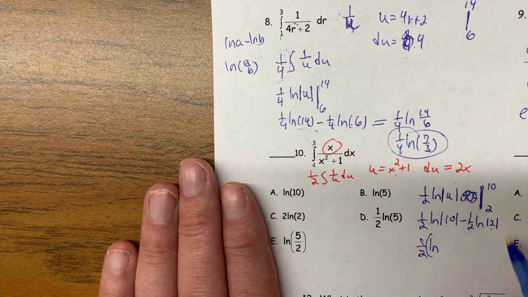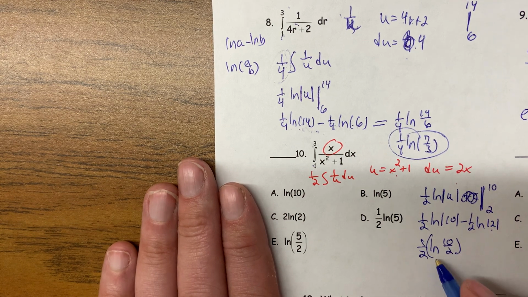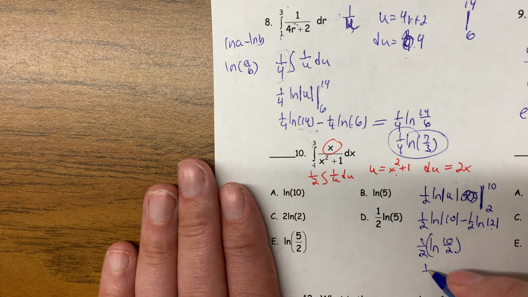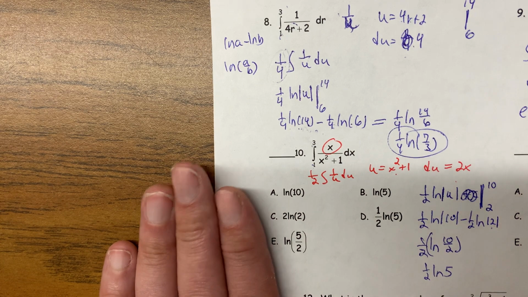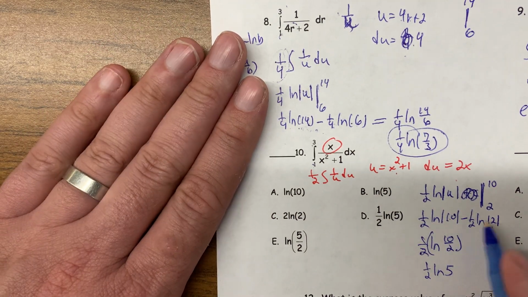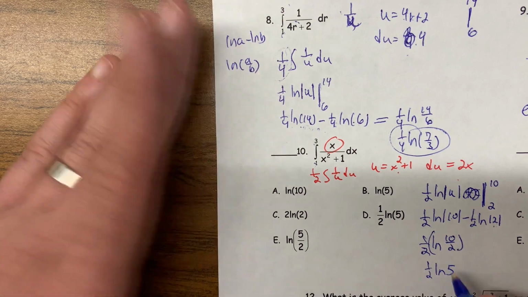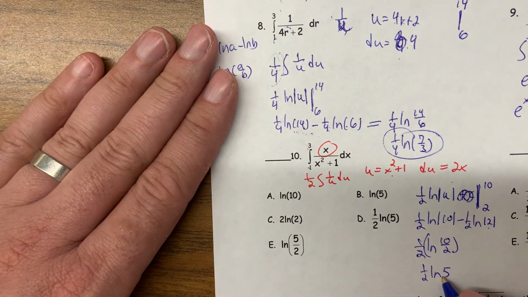When you subtract 2 logs, you can combine it into a single log that is dividing. So it's natural log of 10 over 2, so 1/2 natural log of 5. You'll notice I got rid of the absolute values because 10 and 2 are positive numbers, so the absolute value of a positive number is just a positive number.